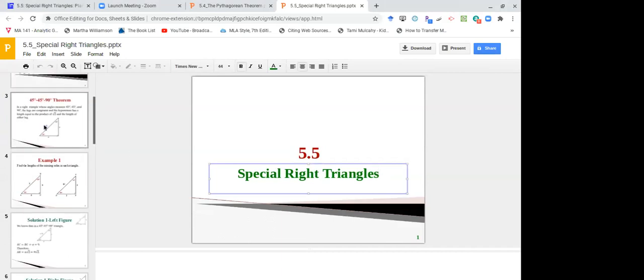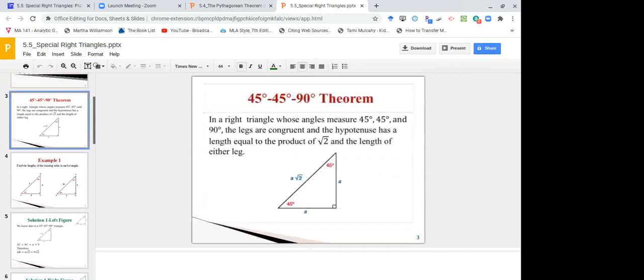And so you may be able to intuit this a little bit, because we've talked about isosceles triangles that have two sides the same length at least. And in a 45, 45, 90 right triangle, the legs are the same length, which you might expect because the angles opposite them are the same.